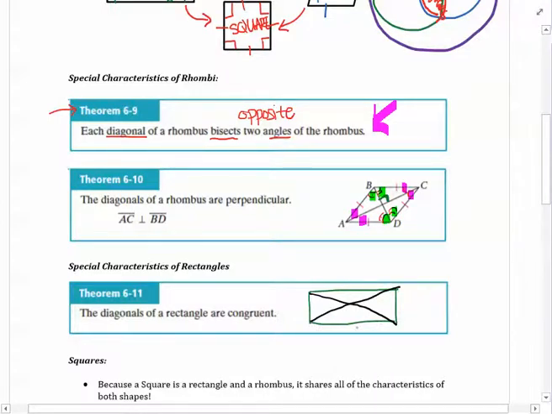Now we also know the diagonals of a parallelogram bisect each other. Now in the case of a rectangle, all 4 pieces would be congruent, because let's say the whole thing here is 10, which means the whole thing here is 10. And since the diagonals are bisecting each other, then all four pieces would be 5.